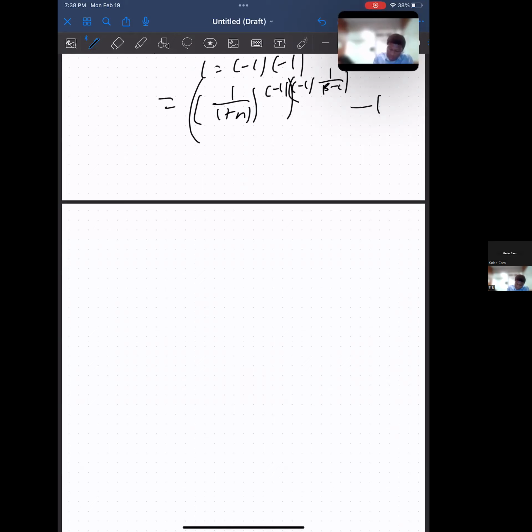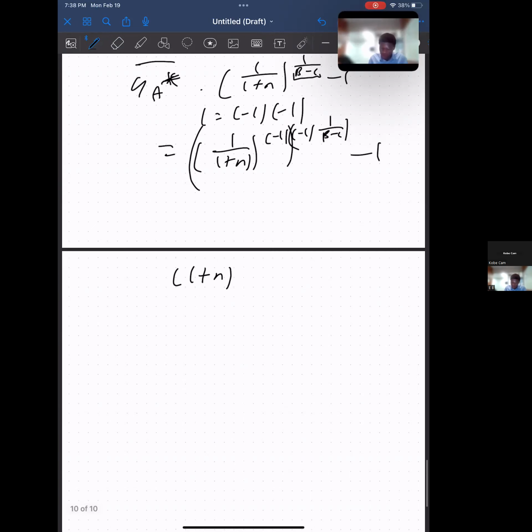That will also be the same thing. When we raise something to the -1, we flip it. So we have 1 plus n over 1, which is the same thing as just 1 plus n, right? So we said 1 plus n. And this is now being raised to, since we multiplied by -1, 1 over 1 minus beta, -1.